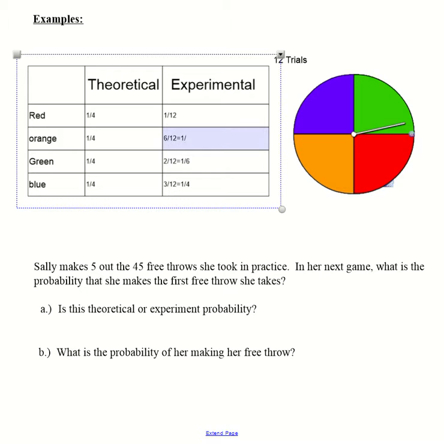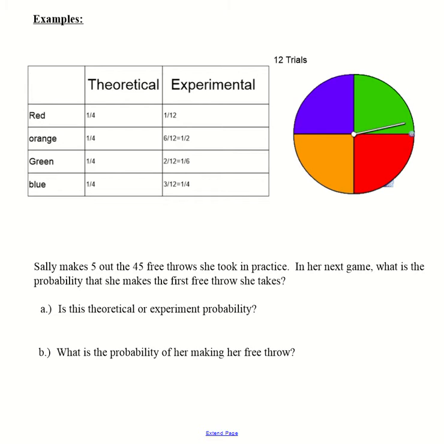We get 1/2. Very different from its theoretical. And so, as you see, as we do an experiment more and more times, we started off with only having orange for quite a while, and everything else would then have a probability of 0. And as we do the experiment, the probabilities in our experimental probability change, and they get closer and closer to our theoretical.